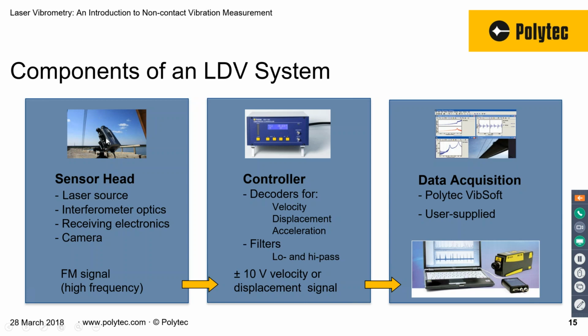If you're outdoors, you really can't see these lasers because, of course, they need to be eye safe, and so they're basically invisible. But their location can be identified with the built-in video camera. So we have a laser source, interferometer optics, data acquisition system, and control electronics comprising the one system.